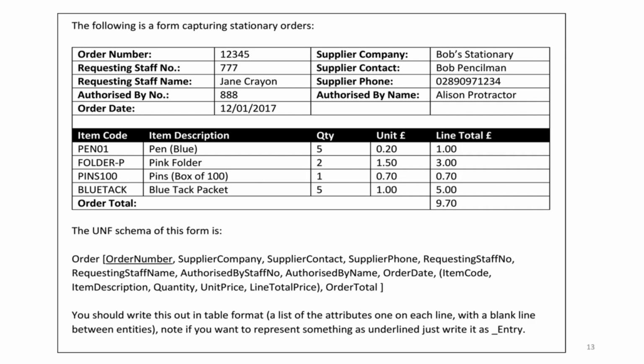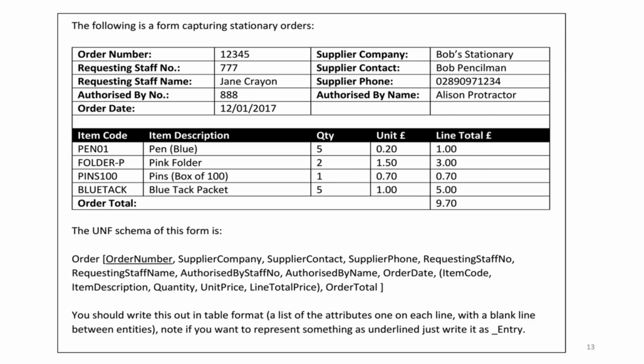These are non-repeated groups, and then we have a number of items which can be repeated: item code, item description, quantity, unit, line total in pounds, which is a multiplication of quantity per unit item, and order total, which is 970. So this table is actually illustrating the repeated part.